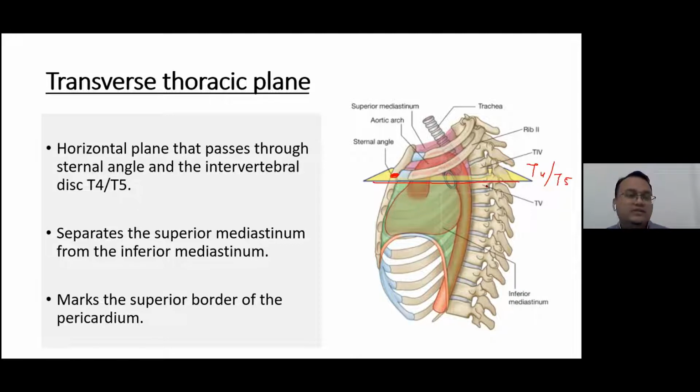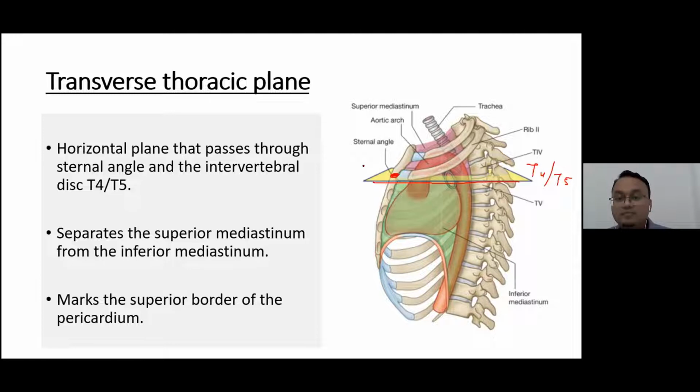So this is called the transverse thoracic plane, some call it the transthoracic plane. If you're able to feel for your sternal angle, posterior to that, straight to the level of the T4, T5 intervertebral disc, we find that this plane marks the separation between what is considered the superior mediastinum and what is considered the inferior mediastinum.